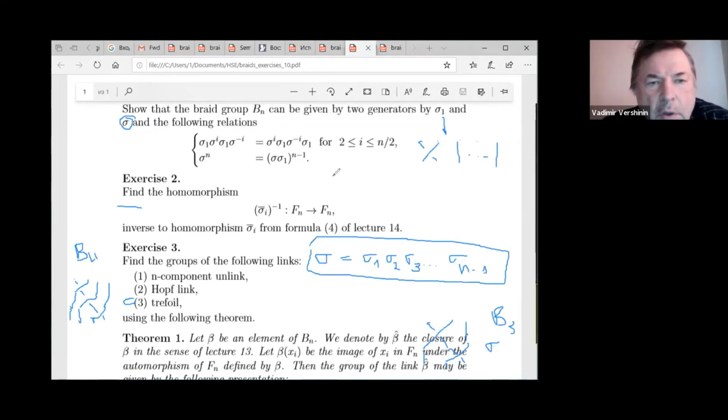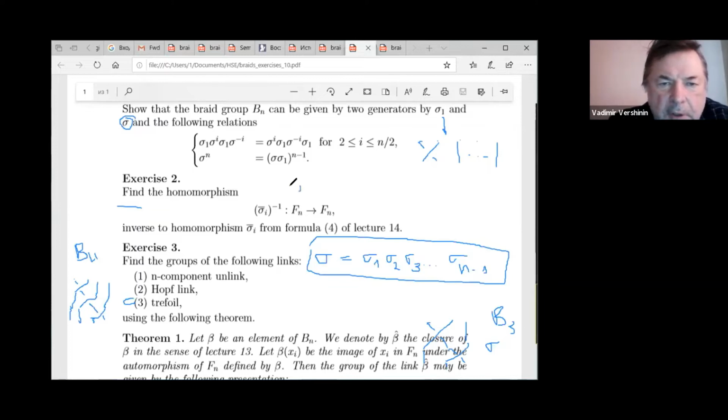So how can we see, for example, that other generators can be expressed by only two of them?